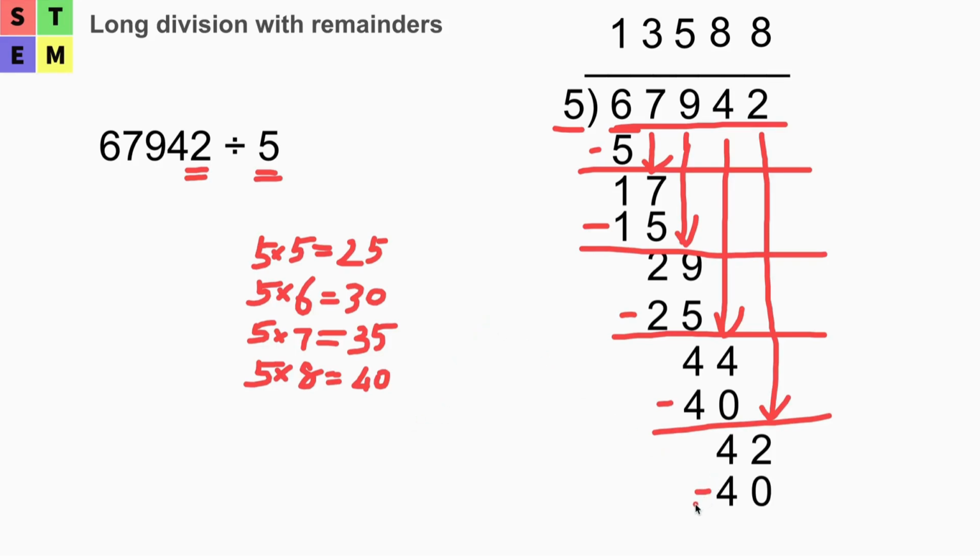So 42 minus 40 equals 2 there, all right? So in this case, the result is 13,588 with remainder 2 for this calculation.